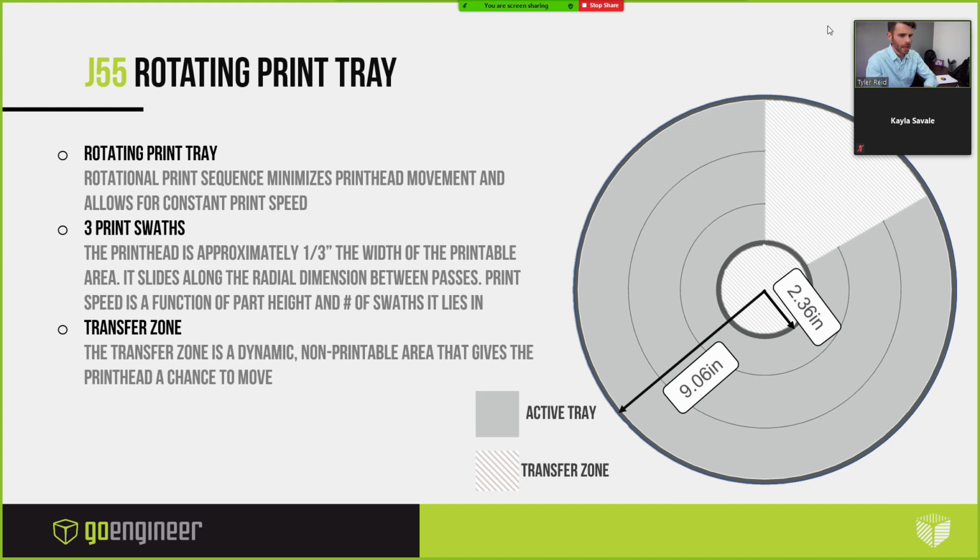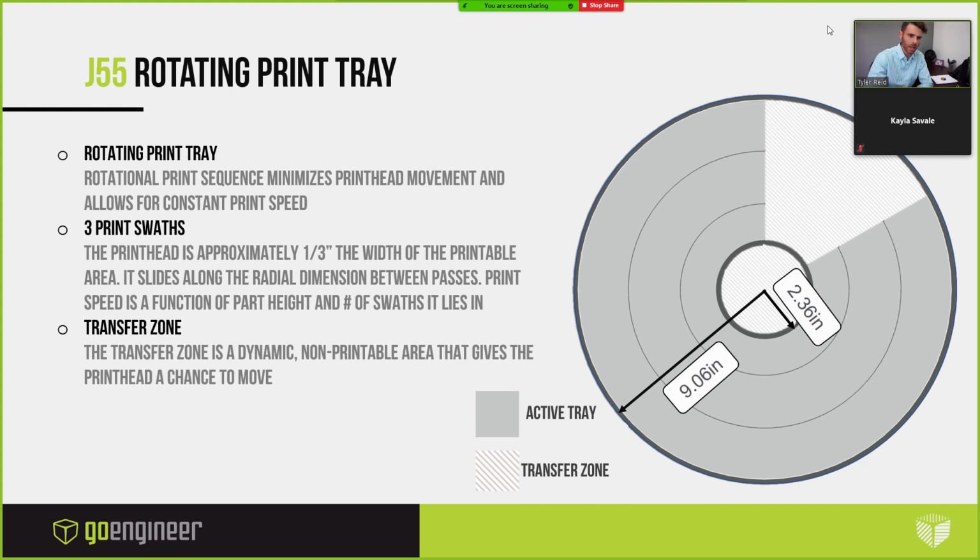So that rotating tray, we're trying to wrap our heads around how we're going to talk about this, because in the past, it was really easy to communicate the size of parts that can fit on your system. You have XYZ, you can fit a part that's up to XYZ. Now this gets a little tricky because of the donut shape and also this transfer zone.